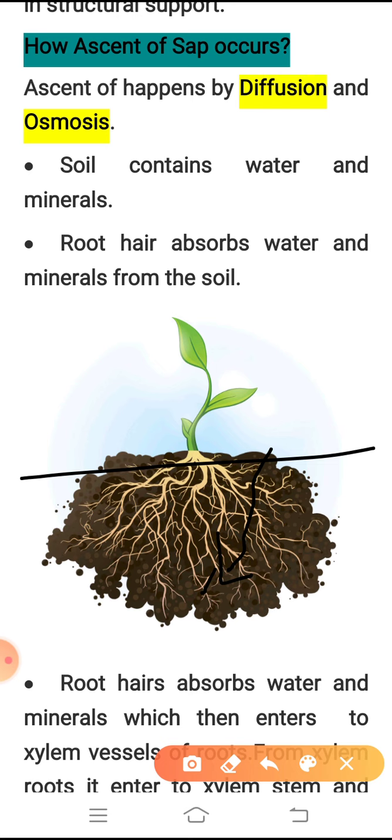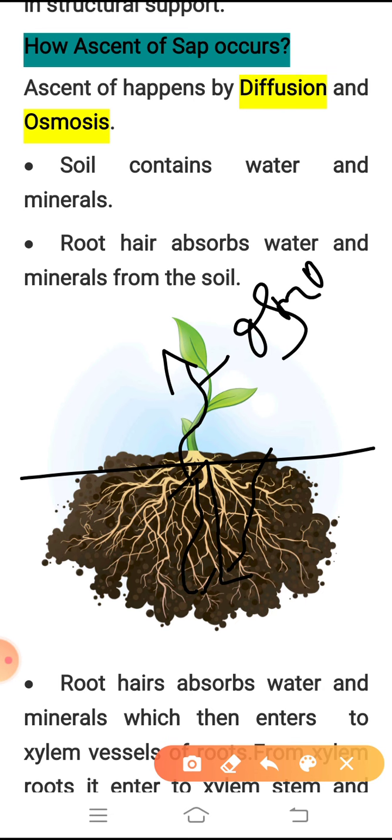Now what happened to the water? The water will move upwards from the lower concentration to the higher concentration. What is this? It is osmosis. Hope you remember what osmosis is. Osmosis is the movement of particles from the region of lower concentration to the region of higher concentration.